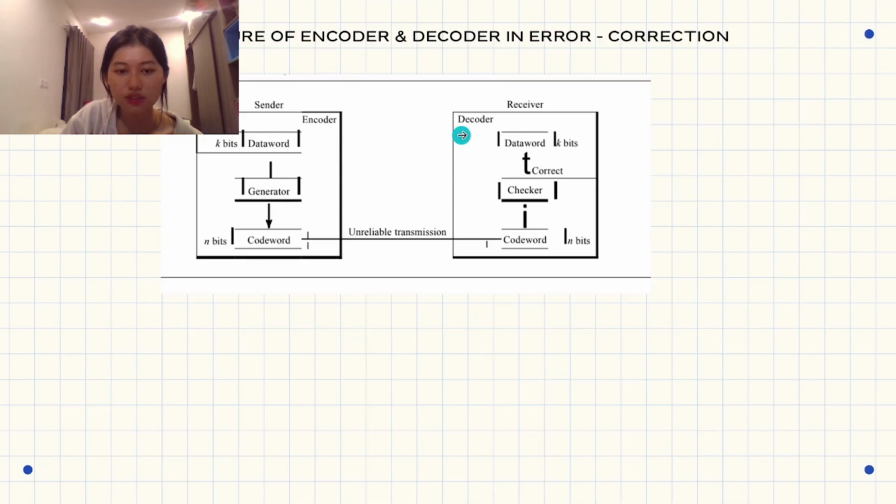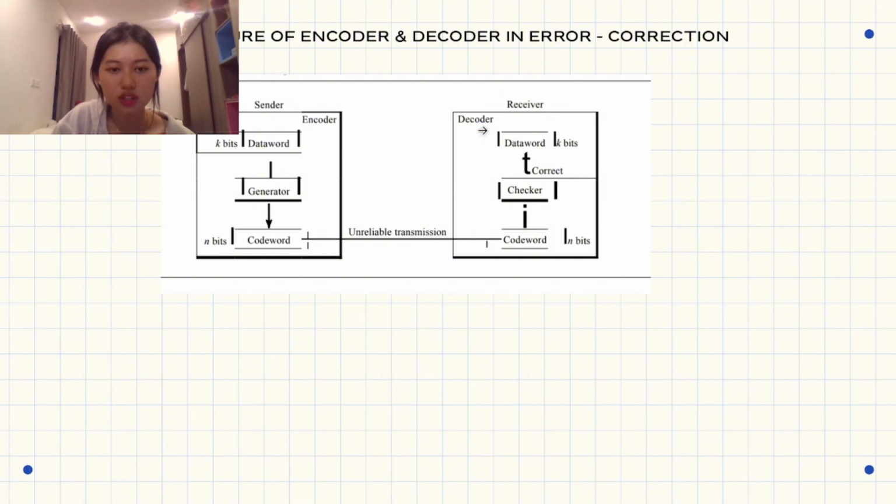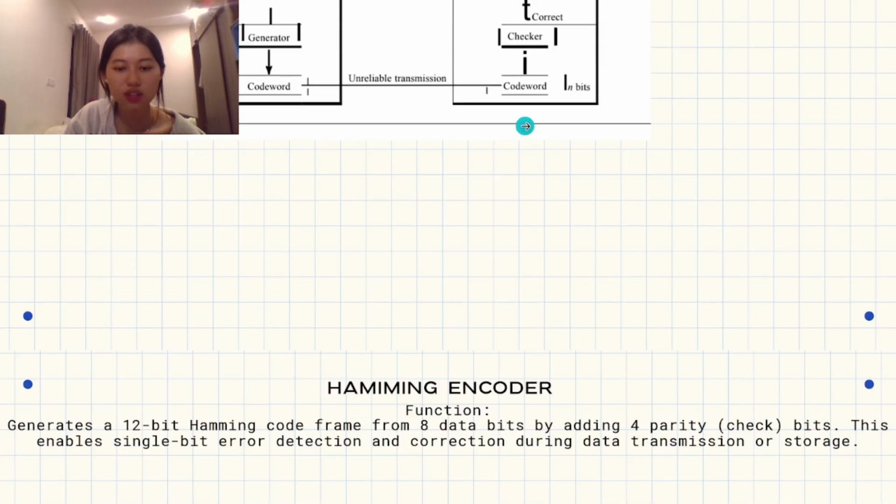So this is what we're going to simulate in Cadence using GPDK 90.